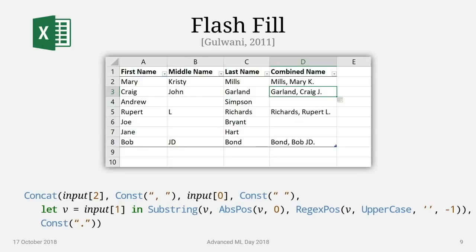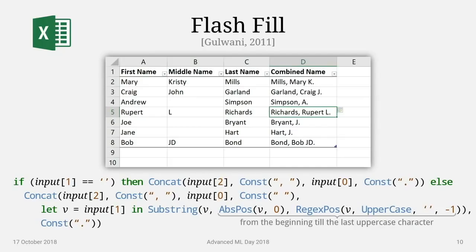Basically, what it allows you to do is to say, hey, if I have a lot of data in my spreadsheet, and I don't feel like writing the desired transformation of this data all by myself, like in this case, combining the names in the right format, I can just give one or two examples of what I want this transformation to do. In this case, one example given in the second line will suffice. And Flash Fill will come back and fill in the rest of your data according to the template that it thinks you want.